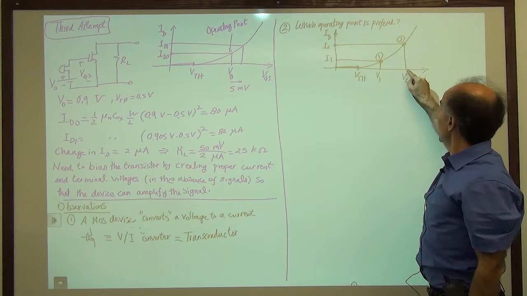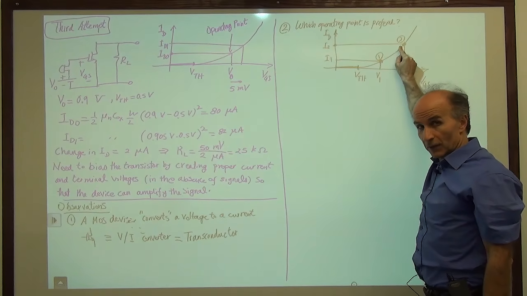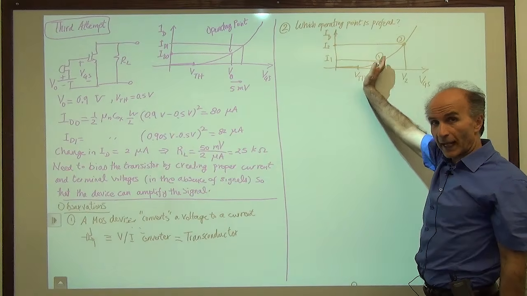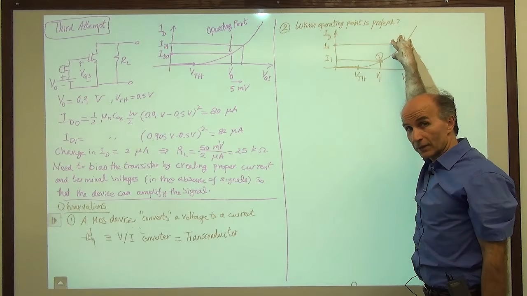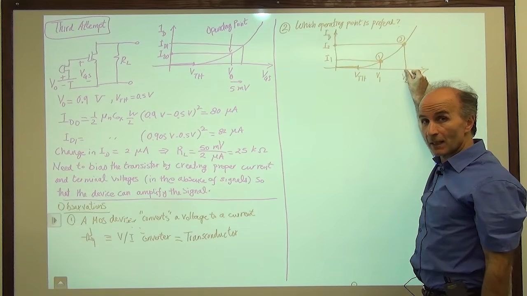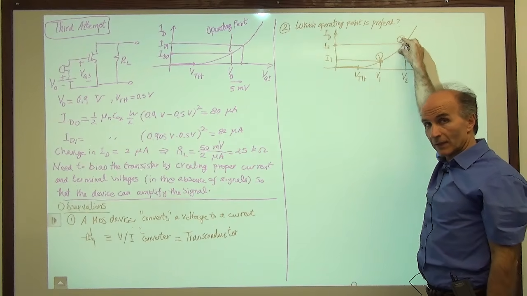And here, this 5 millivolts of change is multiplied by this derivative to give us this current change. And because the derivative is higher here than here, we have a more favorable situation here, meaning that a 5 millivolt signal coming in will give us a greater current change at this point than at this point.